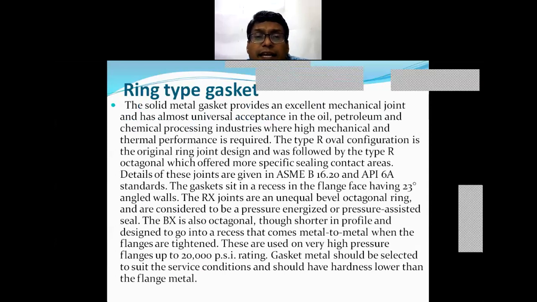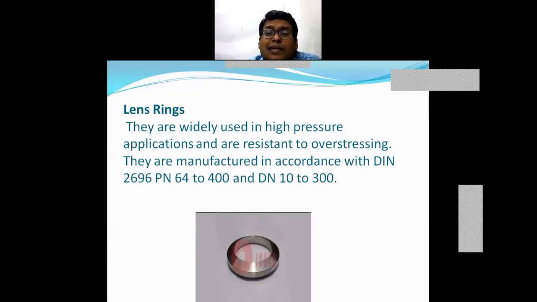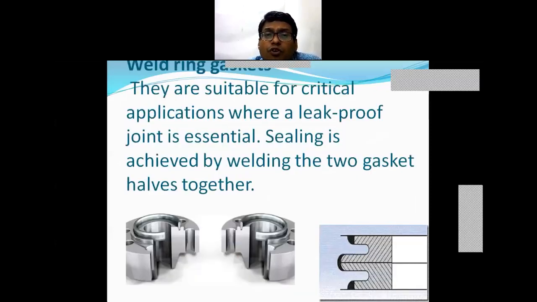The ring type gasket, the solid metal gasket, provides an excellent mechanical joint and has almost universal acceptance in the oil and petrochemical processing industries, where high mechanical and thermal performance is required. The R oval type is the original ring joint design, and was followed by the R octagonal type. Then lens ring is also used for high pressure, and then welded ring gaskets.